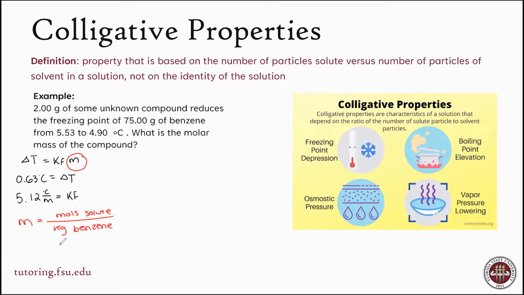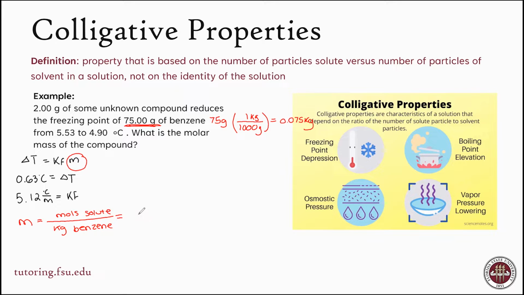We don't know how many kilograms we have, but we do know how many grams of benzene we have. So we can go from grams to kilograms, which is just a 1 to 1,000 ratio. For 75 grams, there are 1,000 grams in 1 kilogram. Our grams cancel and we end up with 0.075 kg.